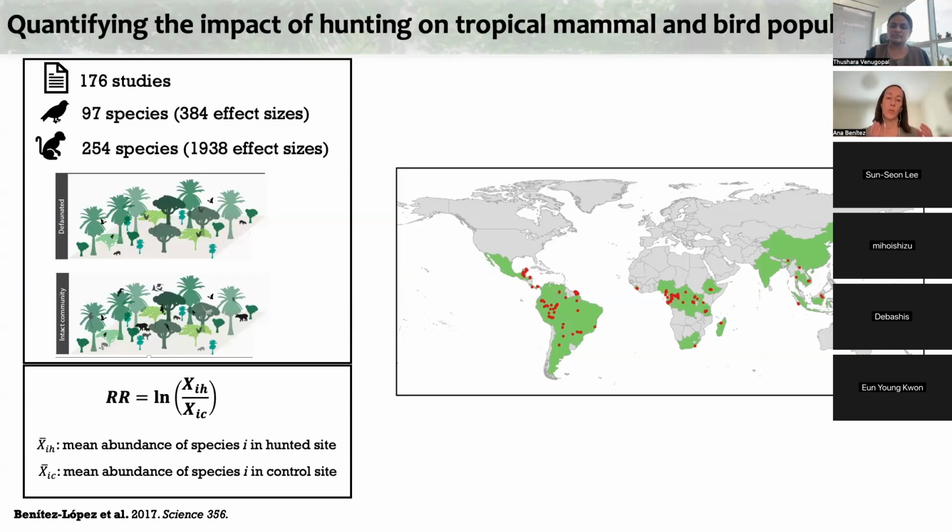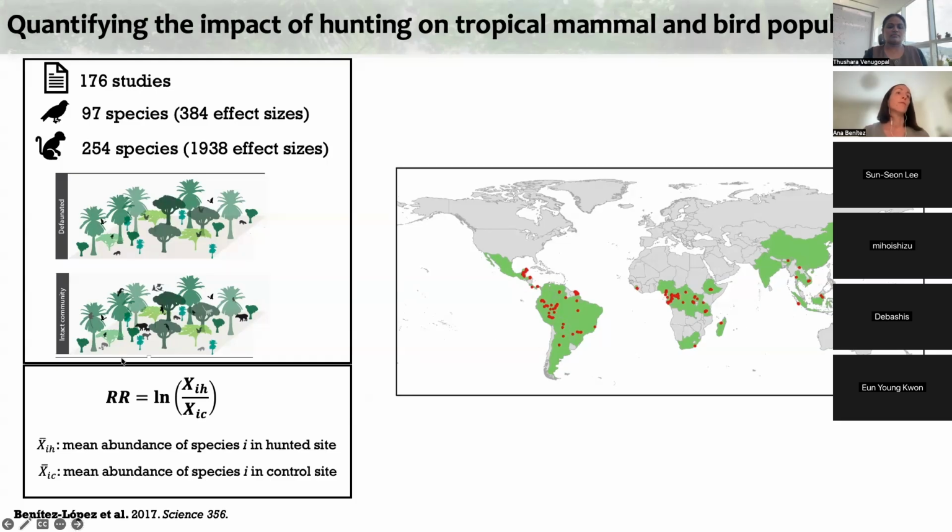They were comparing wildlife abundance in hunted versus unhunted forests, and at different distances from hunters' access points. So then we calculated this effect size, the response ratio, which is very used in meta-analysis, which is just the mean abundance of each species in a hunted site compared to its mean abundance in a control or unhunted site.